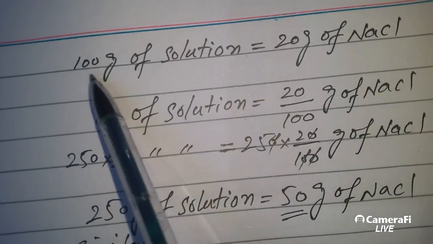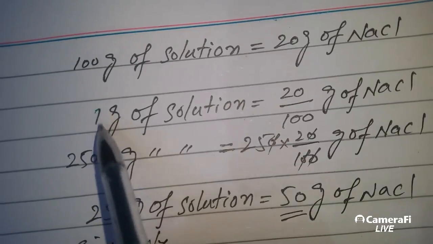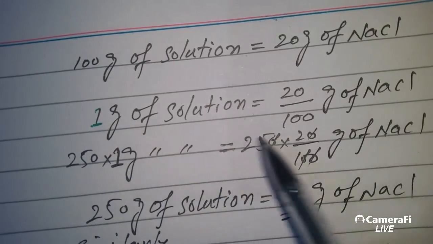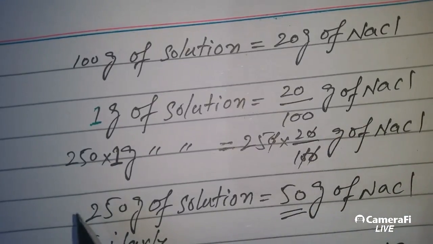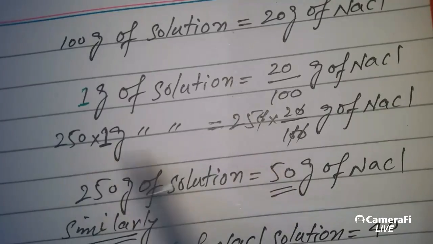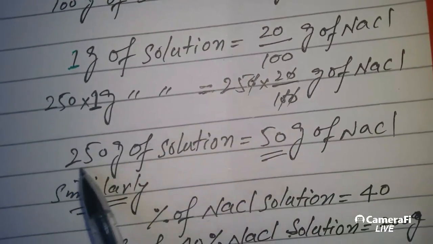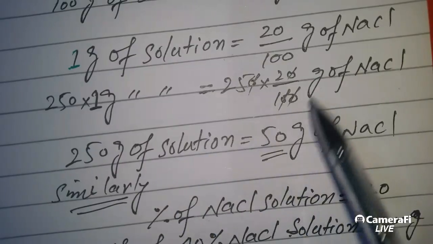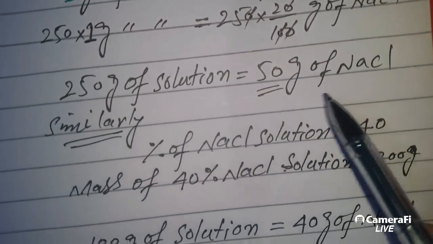If I take this 100 to the other side, here I will be left with 1. So 1 gram of solution is equal to 20 over 100 grams of NaCl, but I have 250 grams. So I will multiply both sides by 250 grams. So 250 grams of solution contains 50 grams of NaCl.